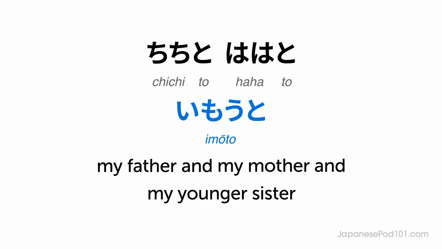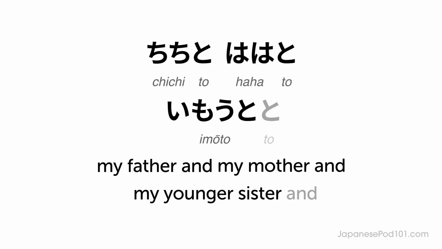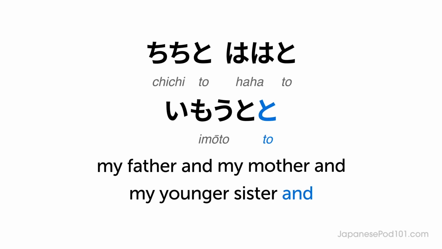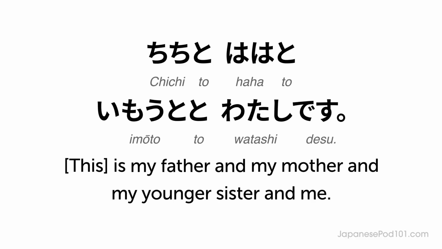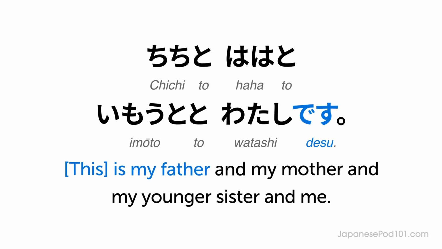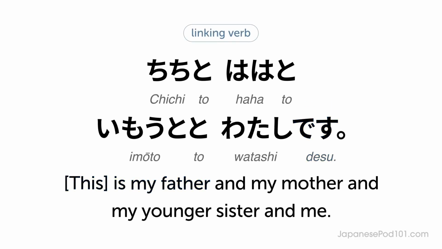Again, と, and. 私 translates as me in this context. Last is です. In this case, it's like the is in this is my father. It's a linking verb.